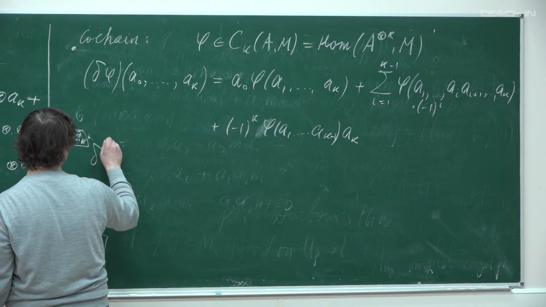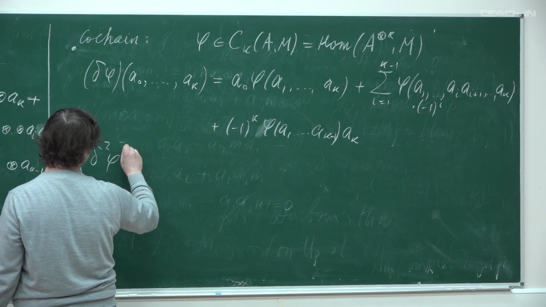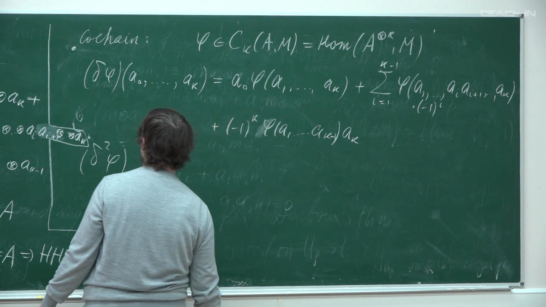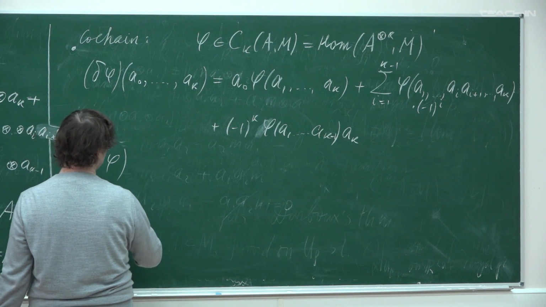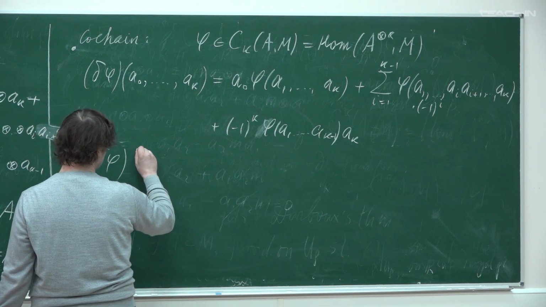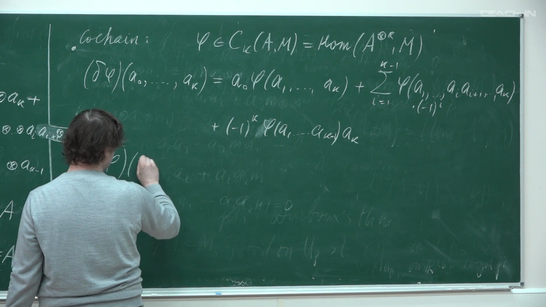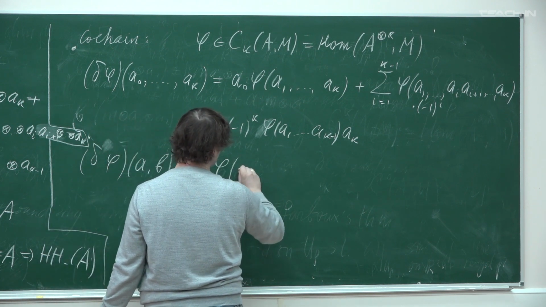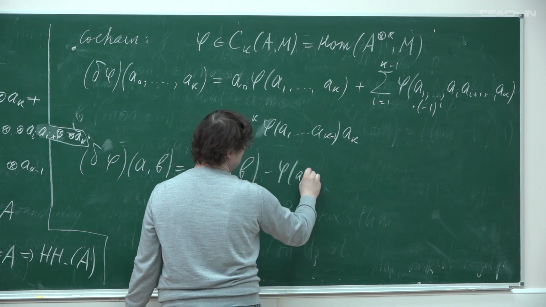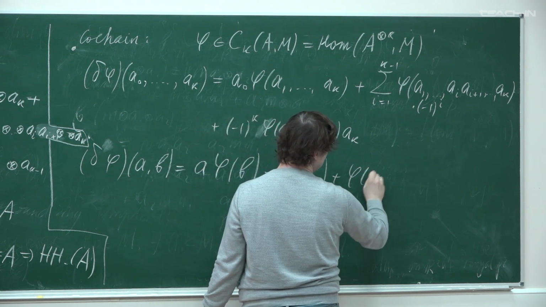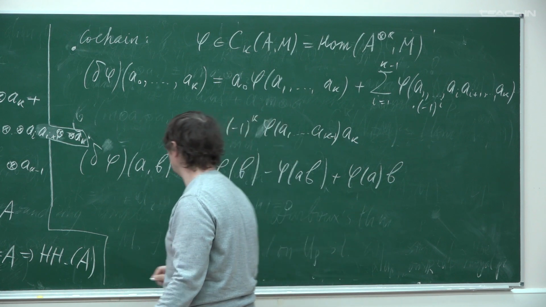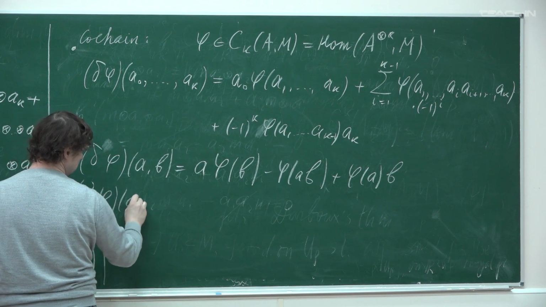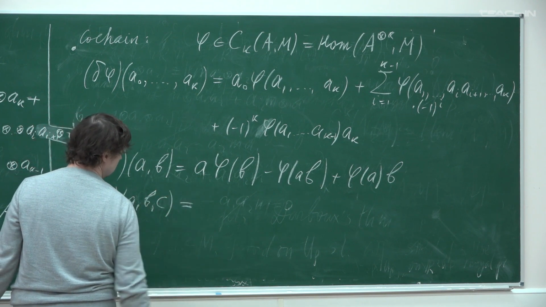Again, checking the condition that delta squared of phi is equal to 0 is quite tedious. Let me do this for phi of, I don't know, of degree 1 again. So first, delta phi of (a, b) is equal to a phi(b) minus phi(ab) plus phi(a) times b. And delta squared of phi applied to a, b, c is equal to the following.